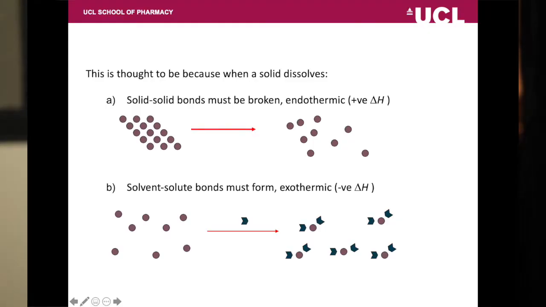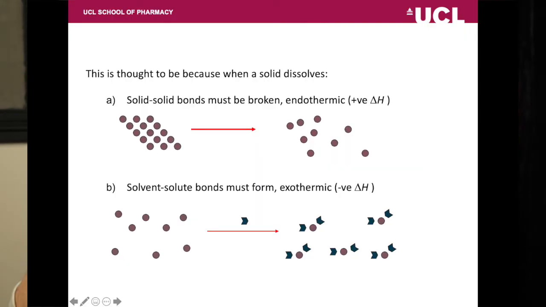It's usually water, especially in the human body, so you're going to form bonds between the molecule that's just come off and the water. Obviously if there's a degree of solubility in water, then that's going to be a favourable interaction. Favourable means energy is given out, and that is exothermic, and by convention that's given a negative enthalpy. So on the screen, top line shows you breaking of solid-solid bonds, which is endothermic.